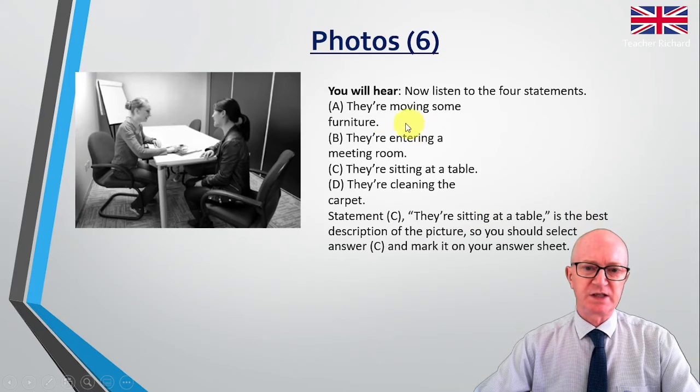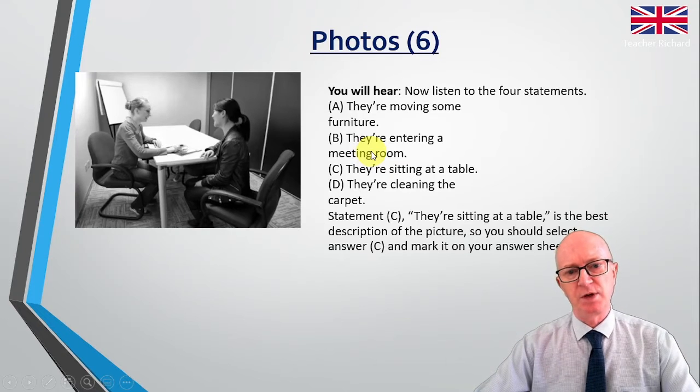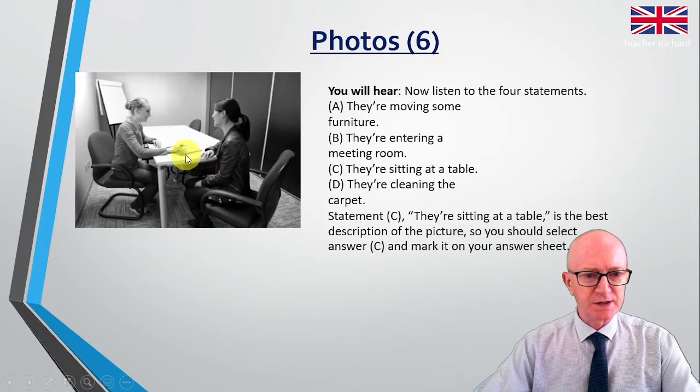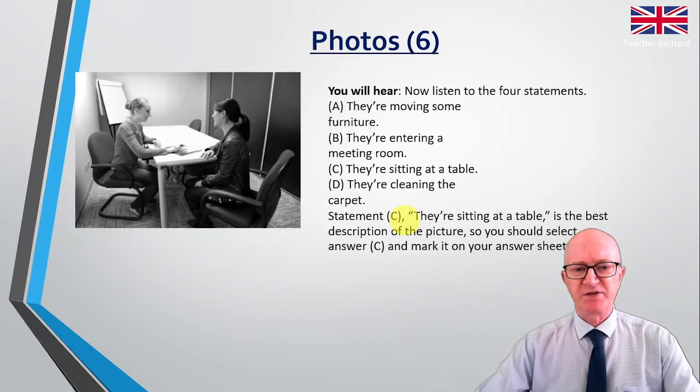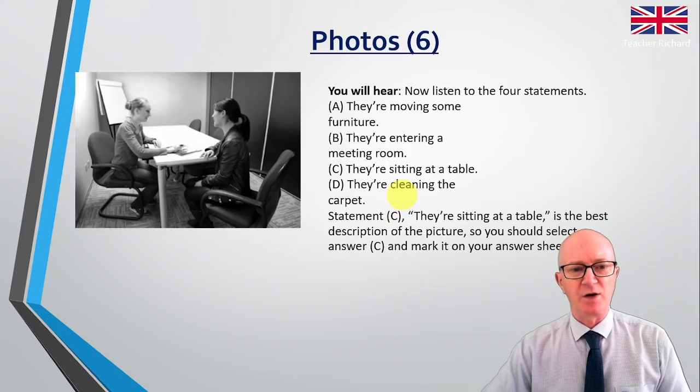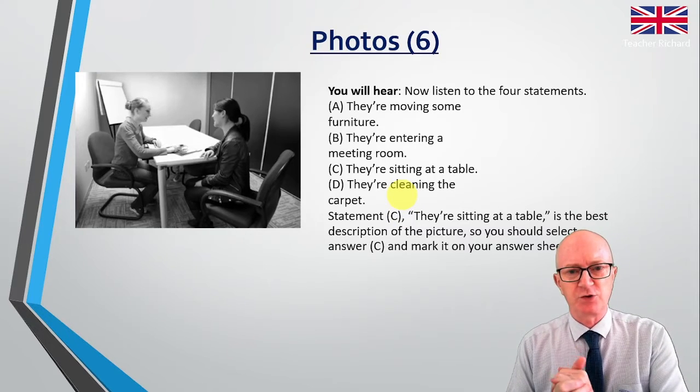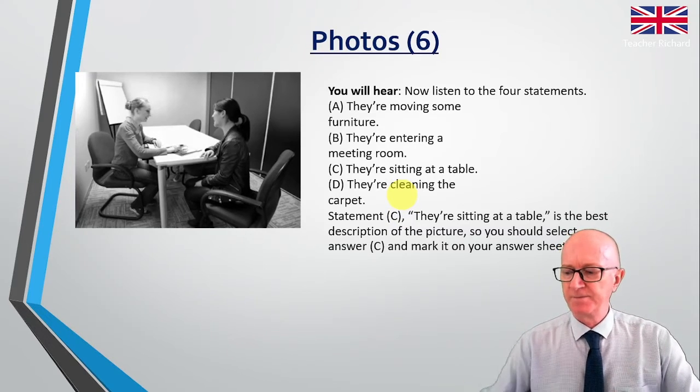If we look at the others, A, they're moving some furniture, well, no, they're sitting down. They're entering a meeting room, they're not entering, they're already in the room. D, they're cleaning the carpet, well, they're sitting on chairs, facing each other, looking at some notebook or magazine. So, statement C. You'll have 6 photos and questions like this: people in offices, maybe in a restaurant, on a building site. It could be inside or it could be outside.